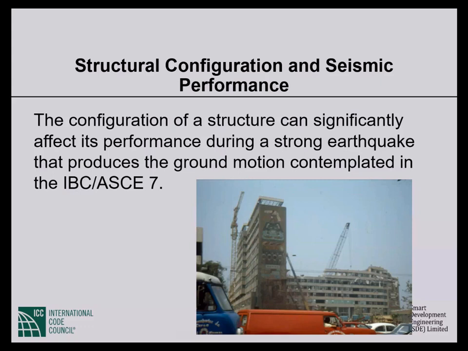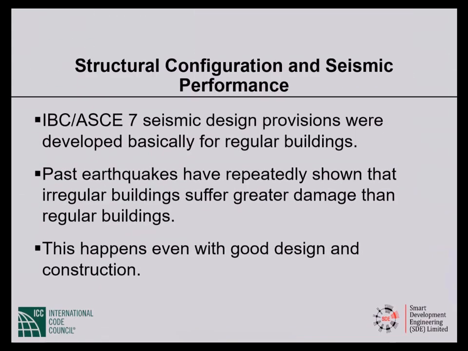But the L shape of the building also contributed to its problems. There is absolutely no question about it. If it were a rectangular block, it can be speculated that the performance would have been substantially better. Okay? So the configuration matters.